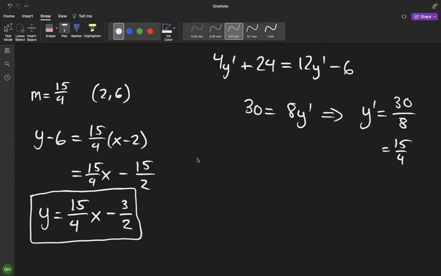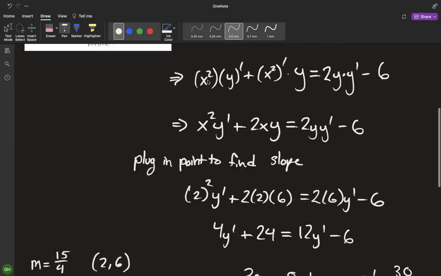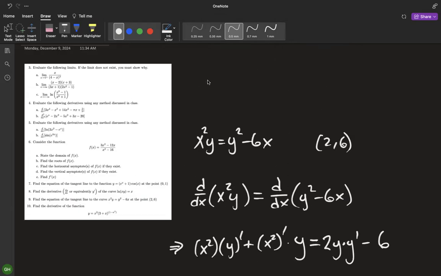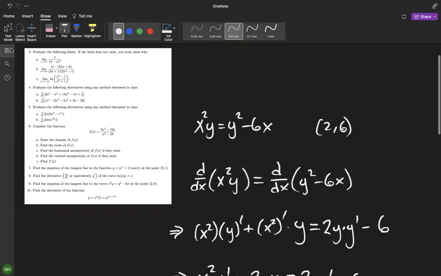So again, this is no different than the last tangent line problem. The only thing was to find the actual derivative. It took an extra step. Two more.